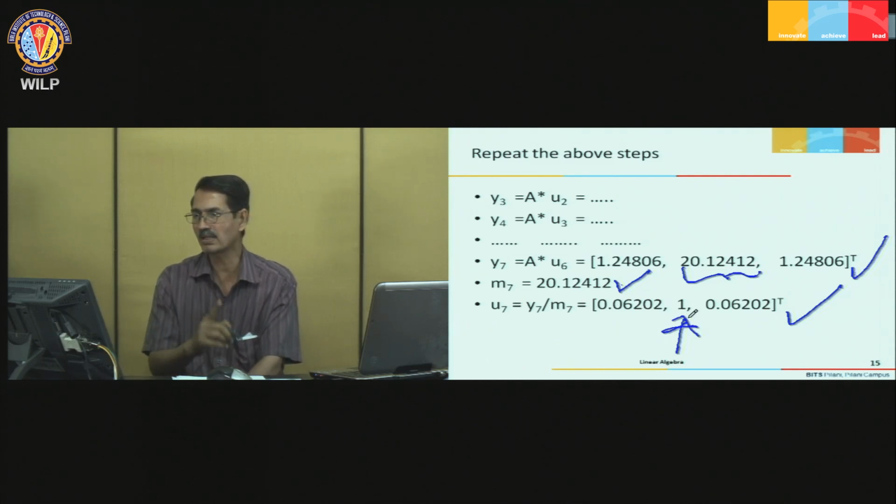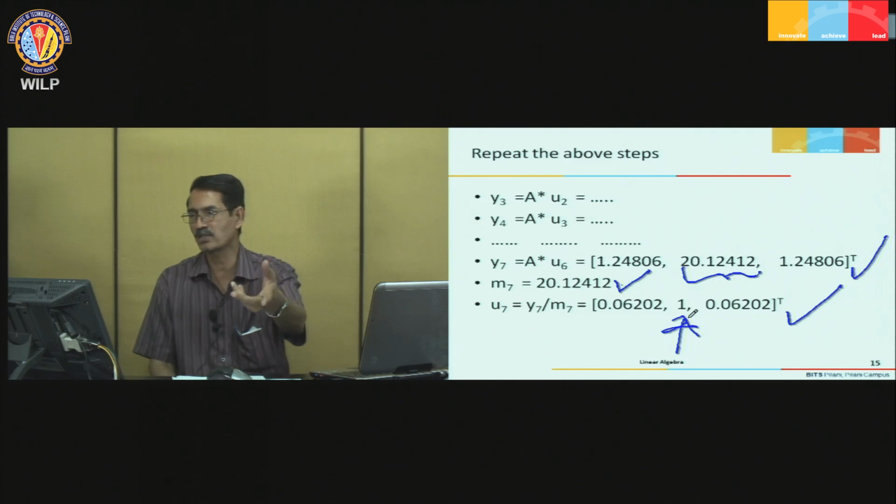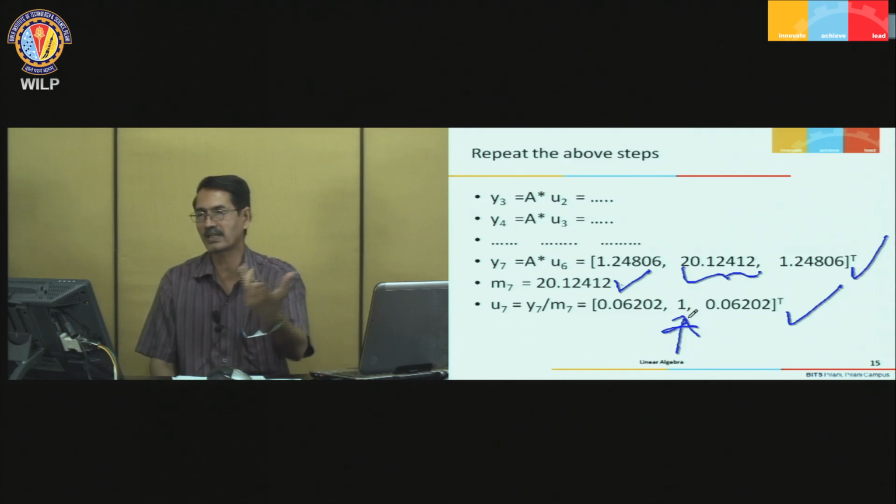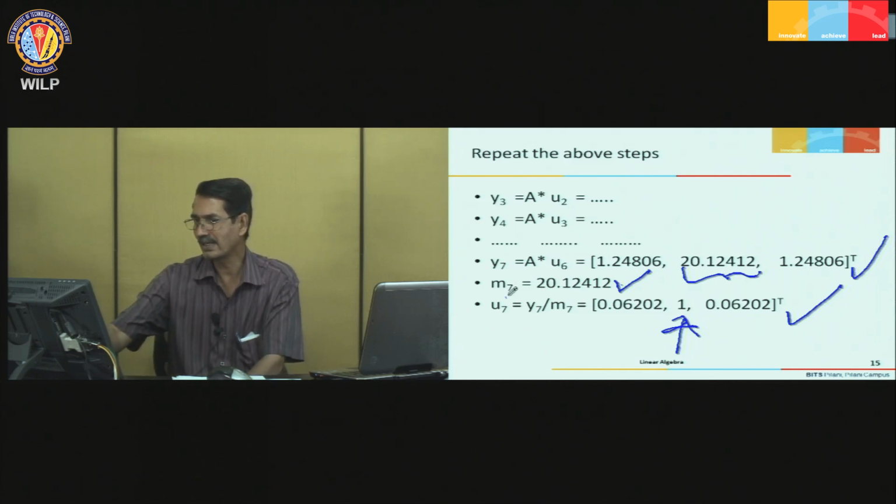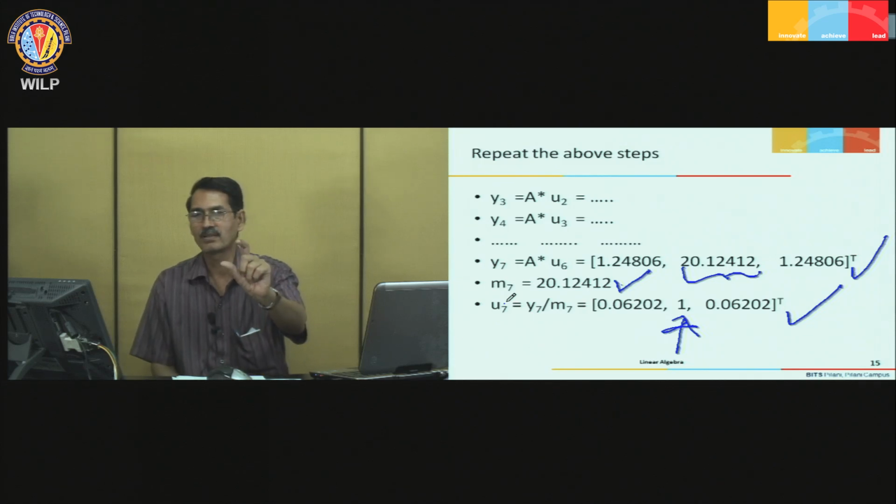The moment it is in normalized form, calculate again A into u7 and see what happens. Remember, we started with m1 as 22, then m2 was 20 point something.